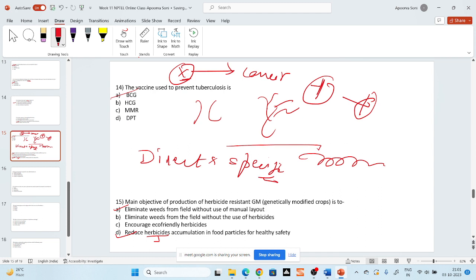Even if the herbicide has accumulated to some extent in the plant, and you have consumed that plant, your body will not have any problem, because that herbicide is made against plant physiology, and when you consume it, it goes inside animal physiology, and plant and animal physiology are different.